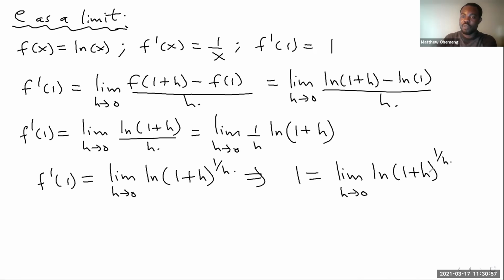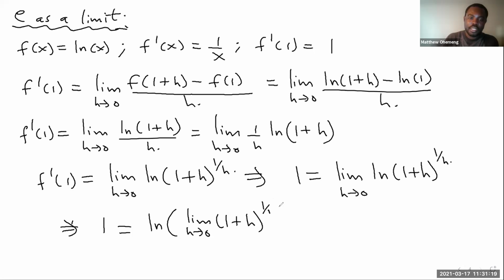Your inner function is 1 plus h all to the power 1 over h. So you can take the limit of what is inside and then apply the ln on it. So we have 1 equal to ln of the limit as h approaches 0 of 1 plus h to the 1 over h.